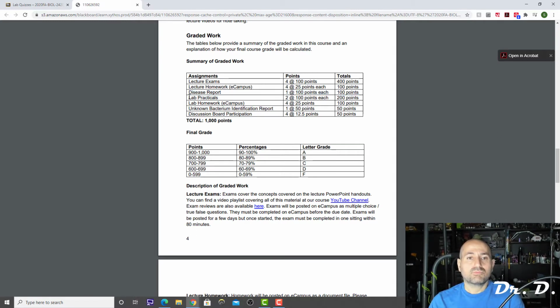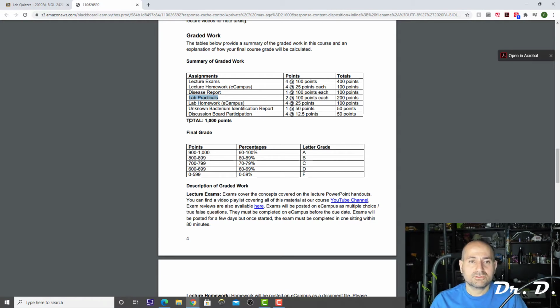We're going to have lab practicals. What's a lab practical? You can think of it as the lab exam. We're going to have 2 of them. The first lab practical covers the first half of the labs, and the second lab practical covers the second. The second lab practical is not cumulative, which means it does not include materials from the first lab practical.